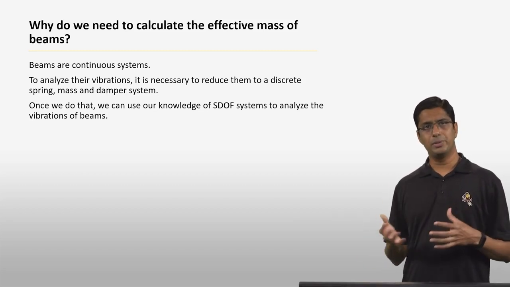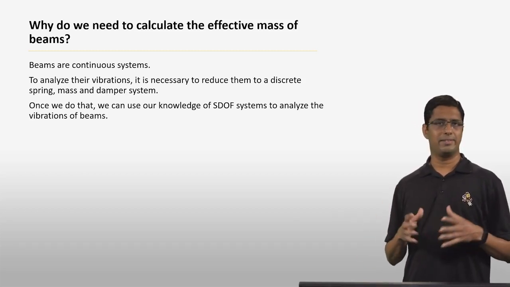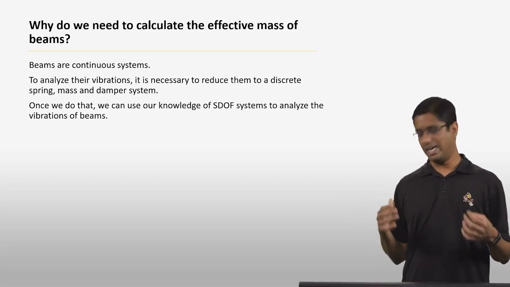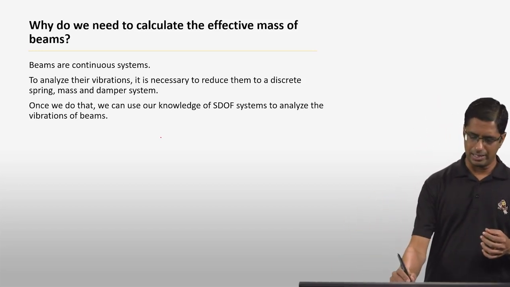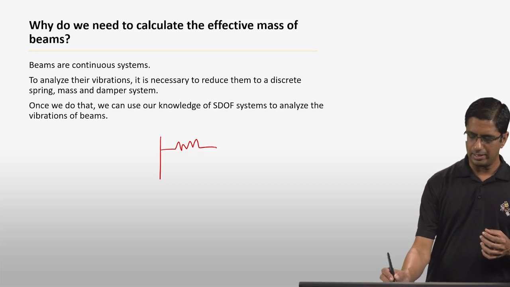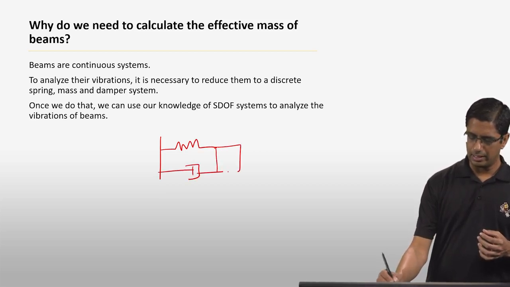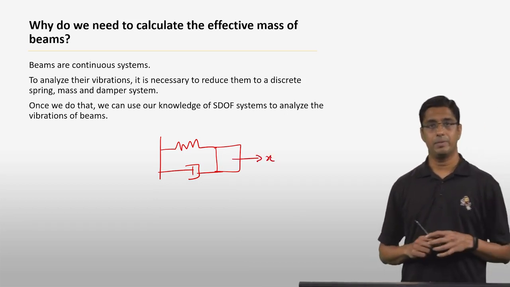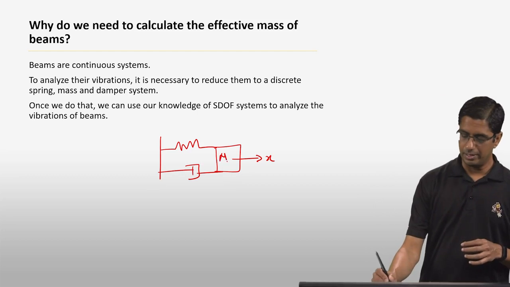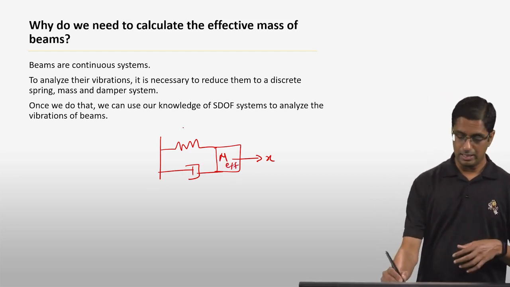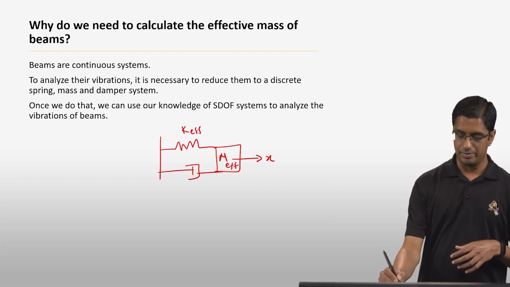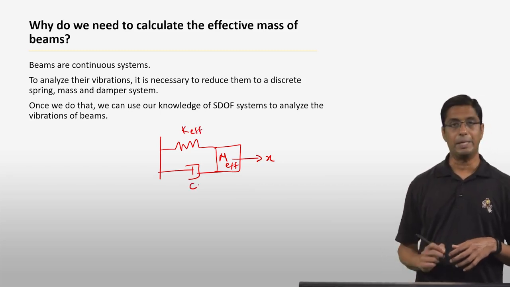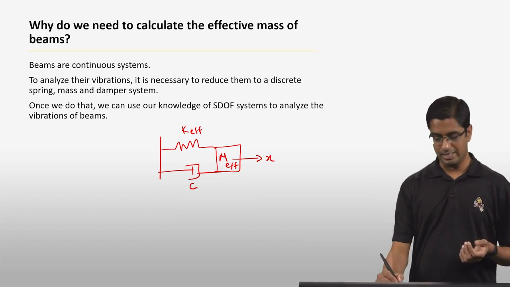Okay? And once you do that, you can replace this continuous beam with a spring mass damper system that you have looked at many times, right? And analyze the vibrations using that. Okay, so if you have this as the displacement, right? So you replace the mass by an effective mass, the stiffness by an effective stiffness, and then the damping constant usually by a C effective.